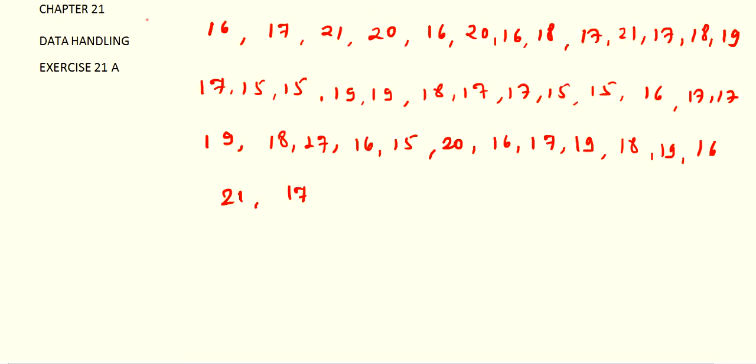Then question number 2: represent the following data in the form of a frequency distribution table. In this question we have to represent the following data in the form of a frequency distribution table. As you can see, the numbers are given to us. So first we will make a table.